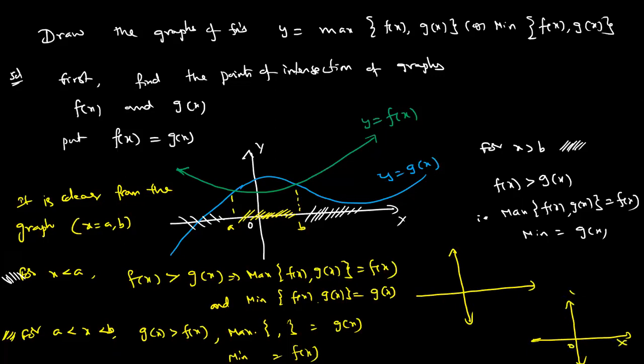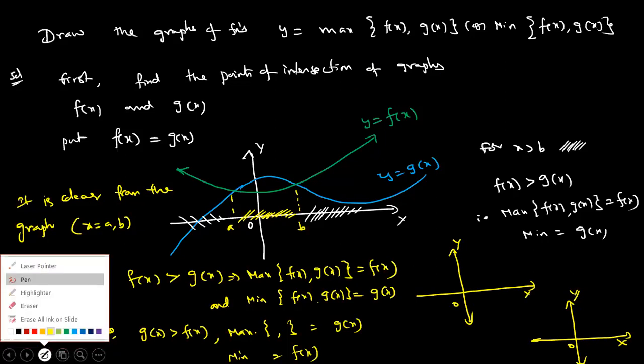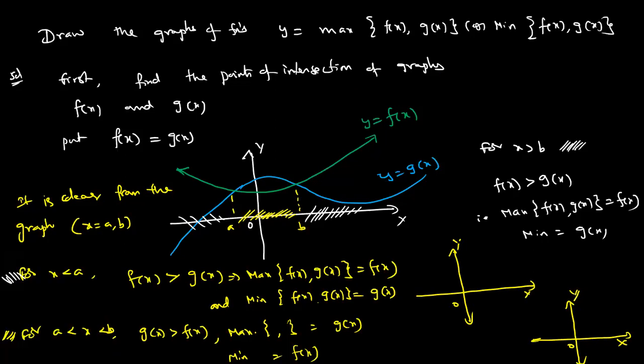Zero, x. Listen carefully. What is the graph coming to be? Draw the pictures. Yes, you have to draw. They will give rough diagrams, otherwise you should draw. See, dear students, if it is maximum, what is the maximum coming to be?